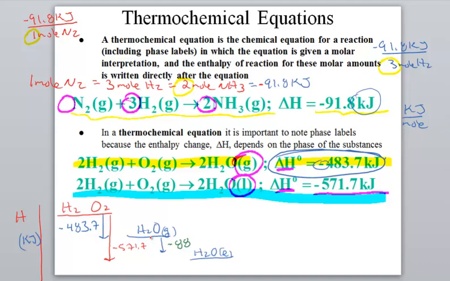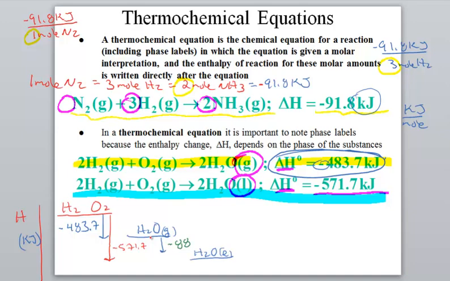Molecules being next to each other, the attractions, that potential energy adds to the total internal energy, which adds to the enthalpy. So you have to include phase when you look at the enthalpy changes. And when we start using thermodynamic tables, be careful when you look at phase.